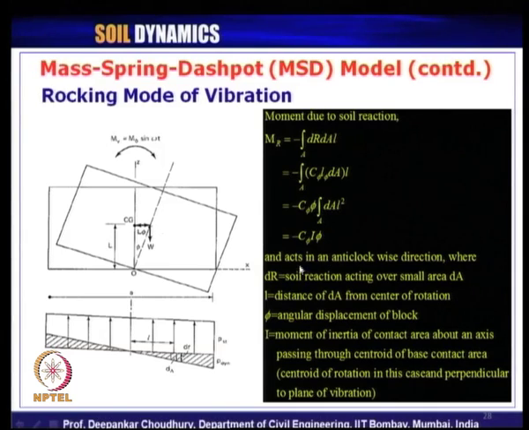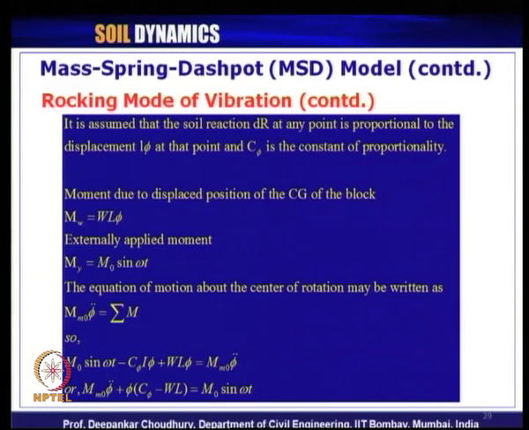Remember, in this case I is area moment of inertia, not mass moment of inertia. Okay. So, C phi I times phi will give us the moment due to the soil reaction. Now, it is assumed that the soil reaction dr at any point is proportional to the displacement L phi at that point, and C phi is the constant of proportionality.